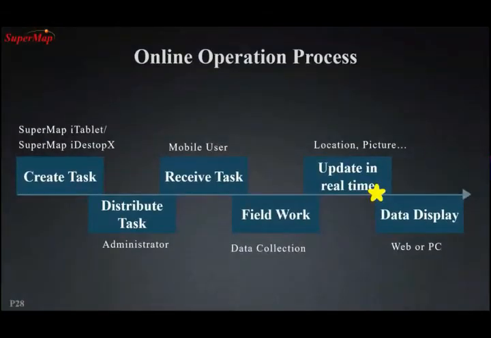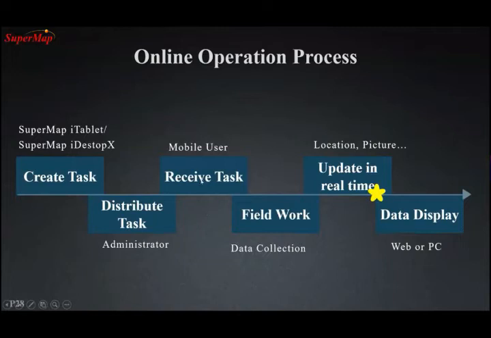And here we will provide two workflows. The first one is the online workflow. So if we have internet in the field, we can use this workflow. First, we use a tablet or a desktop to create a task. Then we distribute the task to different people.